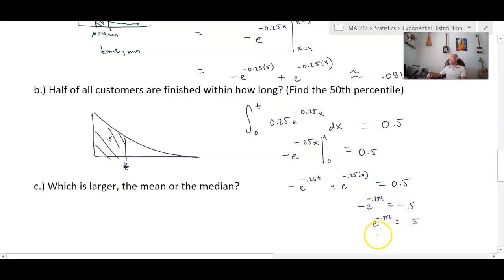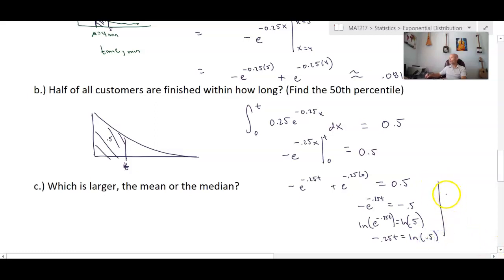And now I can take the natural log of both sides and use properties of logarithms, so we can bring this power in the front, and natural log of e is equal to 1, so we'll get negative 0.25t equals the natural log of 0.5.